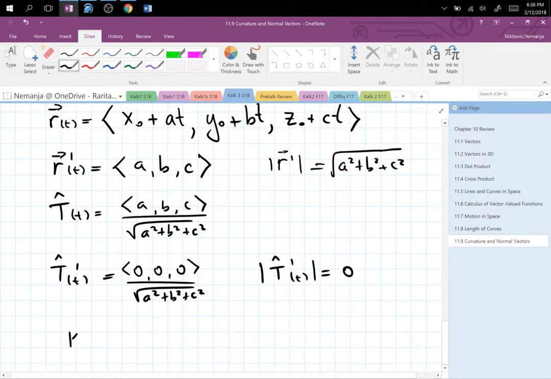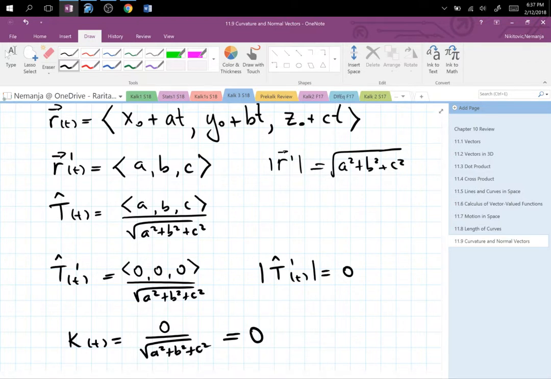So what's the curvature? Curvature everywhere, right, in terms of t, would be the 0 divided by the square root of a squared plus b squared plus c squared, which is 0. So curvature for the straight line is 0.